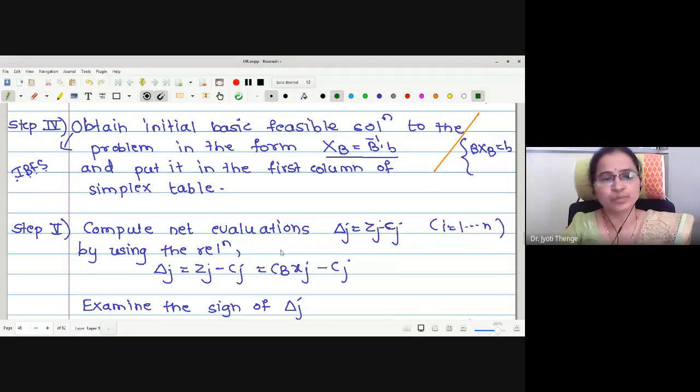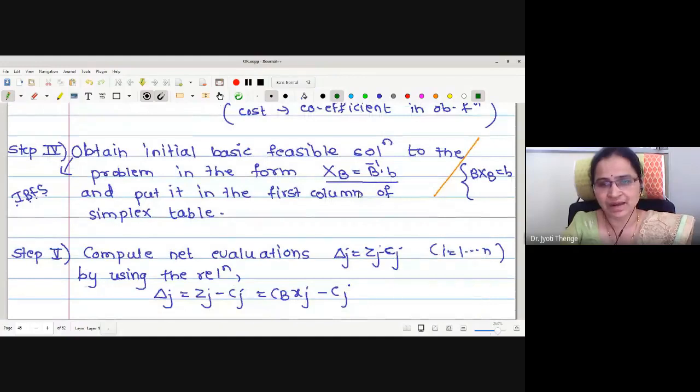Later, while improving the solution for optimality, we remove the basic variables one by one and introduce new variables from non-basic to basic. First, this solution is calculated. A small hint: whatever Xb is at the initial level is nothing but the right hand side constants.